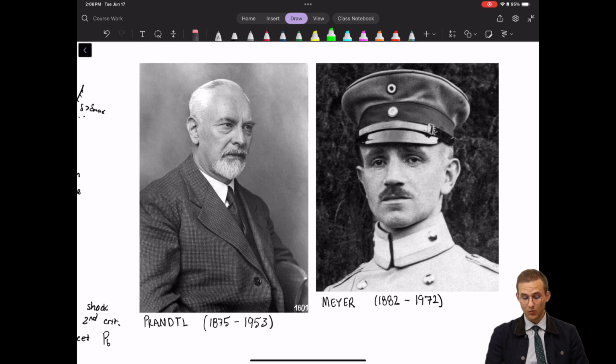But he went off to World War I, and when he returned, he wasn't really able to get work doing research. At one point, Prandtl wanted to bring him back to do some experimental work, but the work wasn't funded, and so Meyer kind of dropped out of the historical record until very recently.